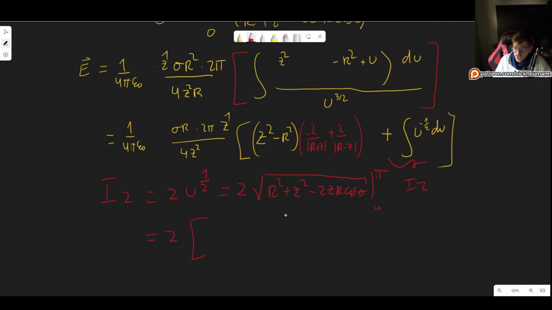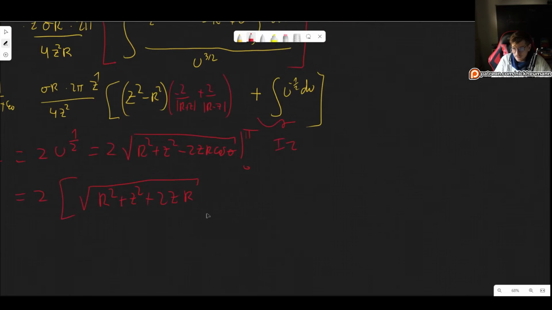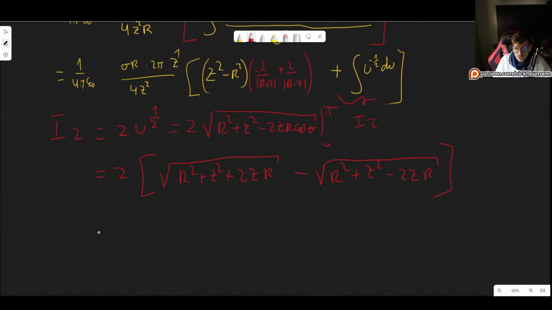So square root, when we are at pi, we get r squared plus z squared plus 2zr, because the cosine of pi is minus 1. And then we have minus the square root of r squared plus z squared minus 2zr, because this time the cosine is simply 1. And just like before, we will now rewrite this as this perfect square.